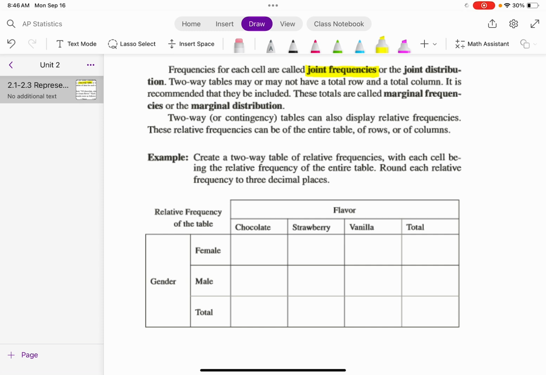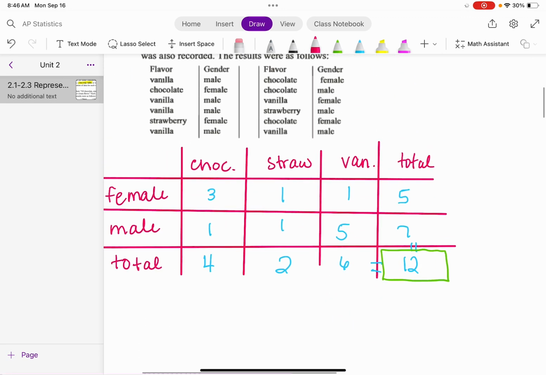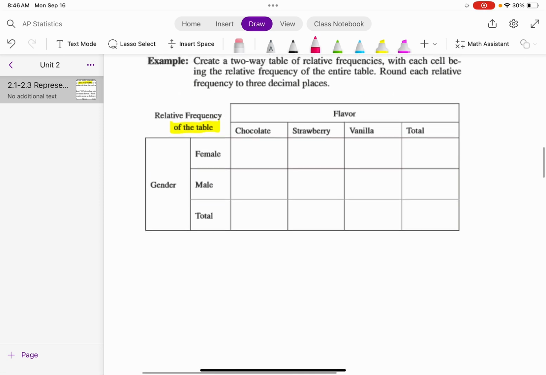In a minute, we're going to break it out so that we have row totals and column totals. But if we're asking for the relative frequency of just the table, this works just like it did before. Remember, everything was out of 12 in the two-way table we drew. So we're going to put everything out of 12 here.